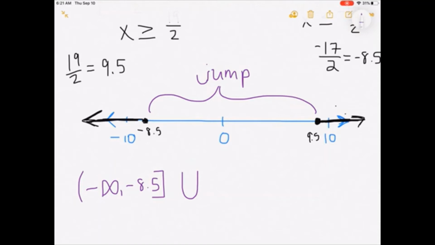And then, to indicate the other side of my solution, well, x can be greater than or equal to 9.5. So I'll put a bracket around 9.5 and put it up to positive infinity, which gives me a parentheses. So that would be our total solution.